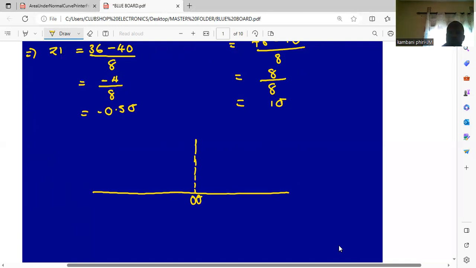Then it will curve down. For some reason, this curve will never touch the horizontal axis. Something like that.